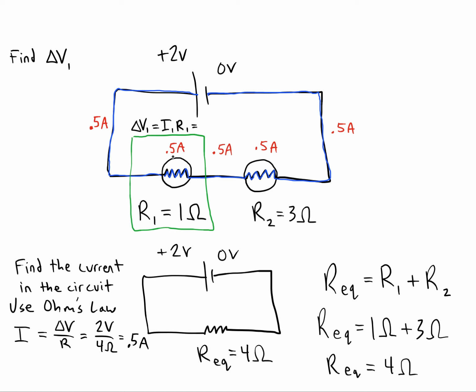And if you do that, multiply the current times the resistance, you get 0.5 volts. Now we'll do it on our second bulb. Delta V2 equals I2 times R2.